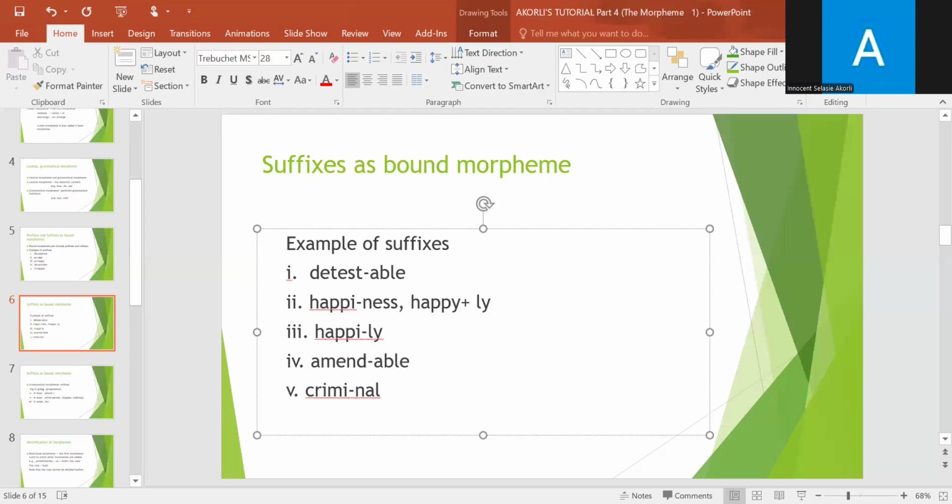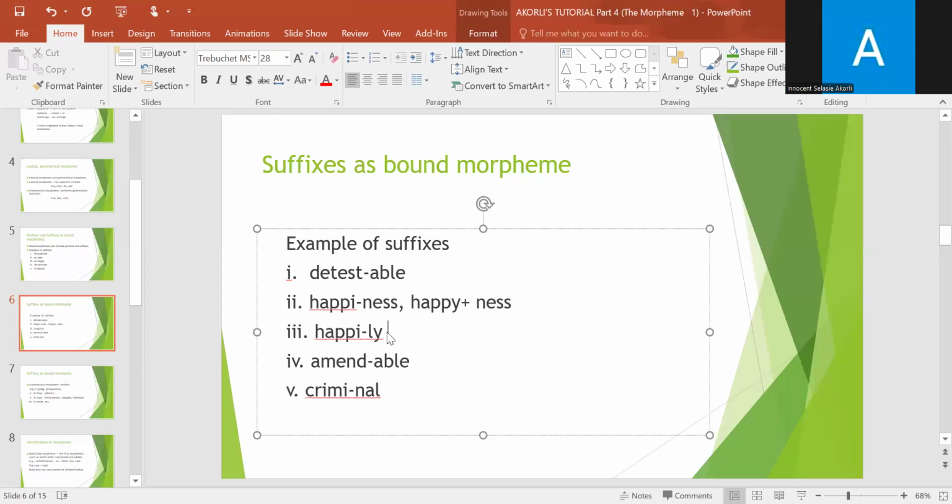So, for example, if you are asked to break down the word happiness in the examination, you should have happy plus ness. You have the root. You must always target to get a root. If you are not able to get a root, then you may not get it correct. You must try to get the root of the word.